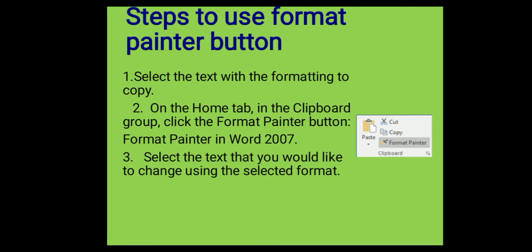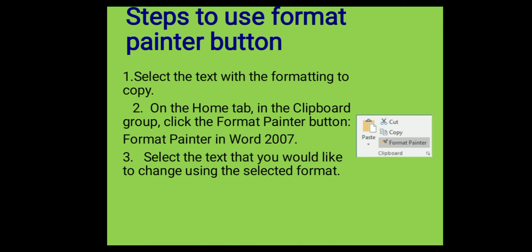Steps to use the format painter button. First, select the text with the formatting to copy. Second, on the Home tab in the Clipboard group, click the format painter button. Here you see the format painter option in Word 2007.